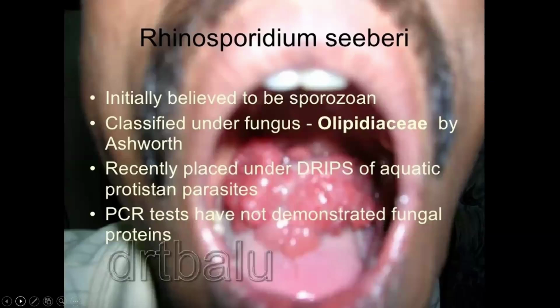So basically Rhinosporidium is now called an aquatic protistan parasite, and PCR tests have not demonstrated any fungal protein. This is a little update about Rhinosporidium seeberi, and with this we conclude today's quiz and the explanation.